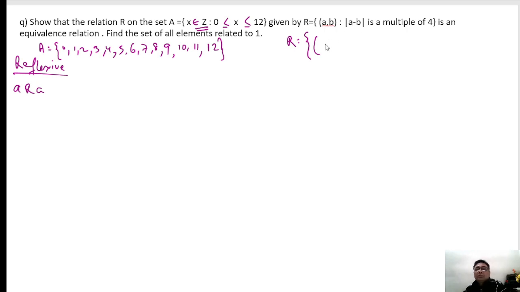That means I can choose 4, 0, then I can choose 0, 4.